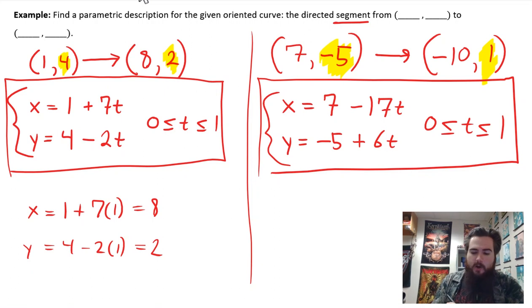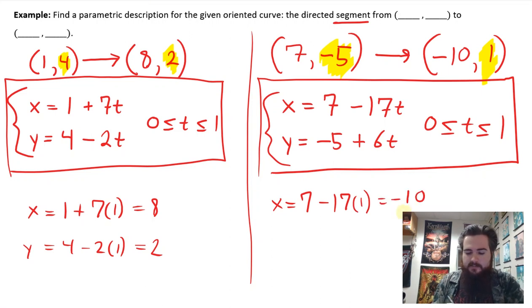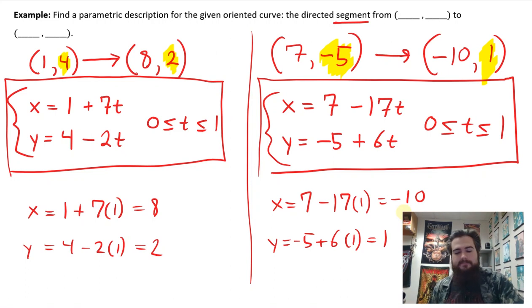But if you plug in 1, you will get x equals 7 minus 17, which is -10. And you'll get y is -5 plus 6, which is 1. So you should also be able to check pretty easily by plugging in your bounds on t to make sure that you do get the beginning point and the ending point on this segment.